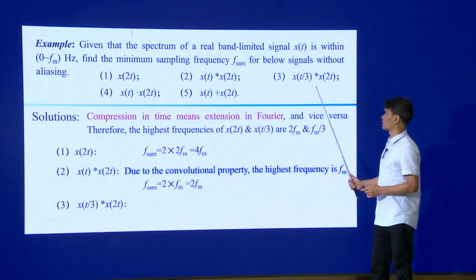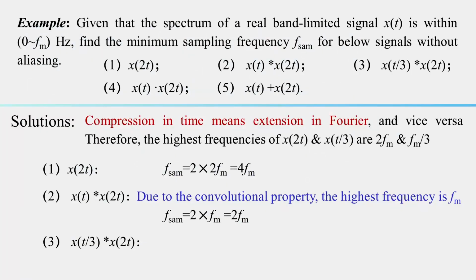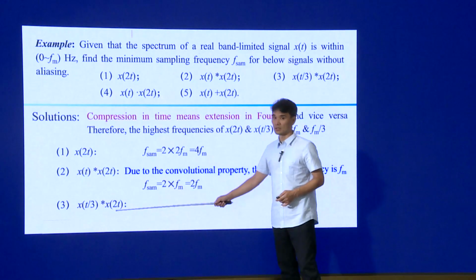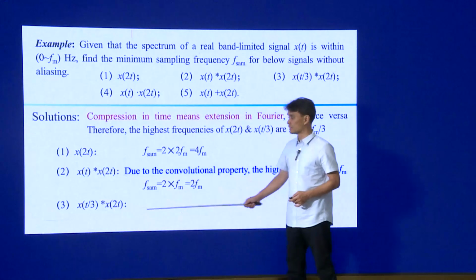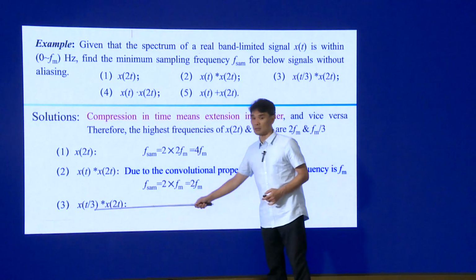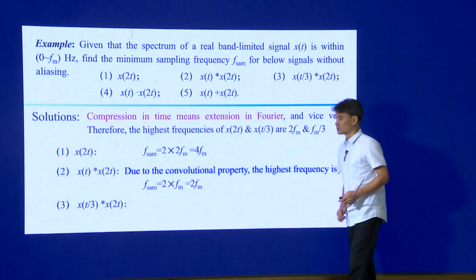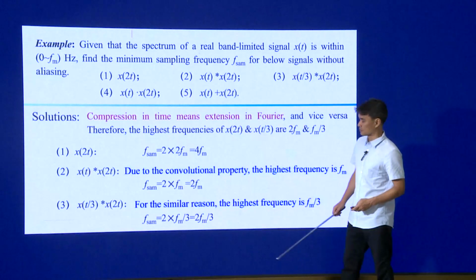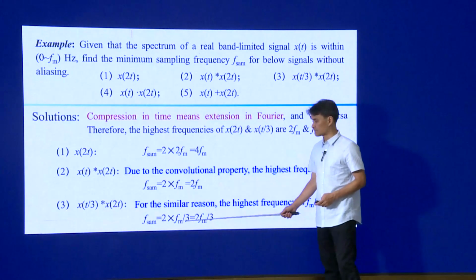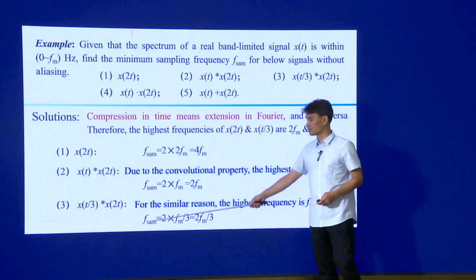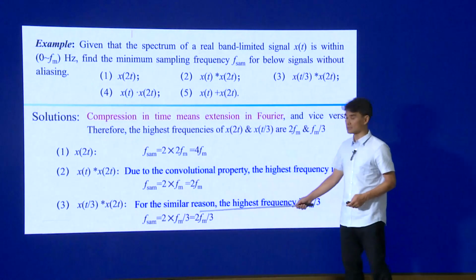For the third one, this corresponds to compression in the frequency domain, which is an extension in the Fourier domain. So the maximum frequency is determined by this compressed signal. The maximum frequency is f sub m divided by 3, so the minimum sampling frequency is twice that frequency.